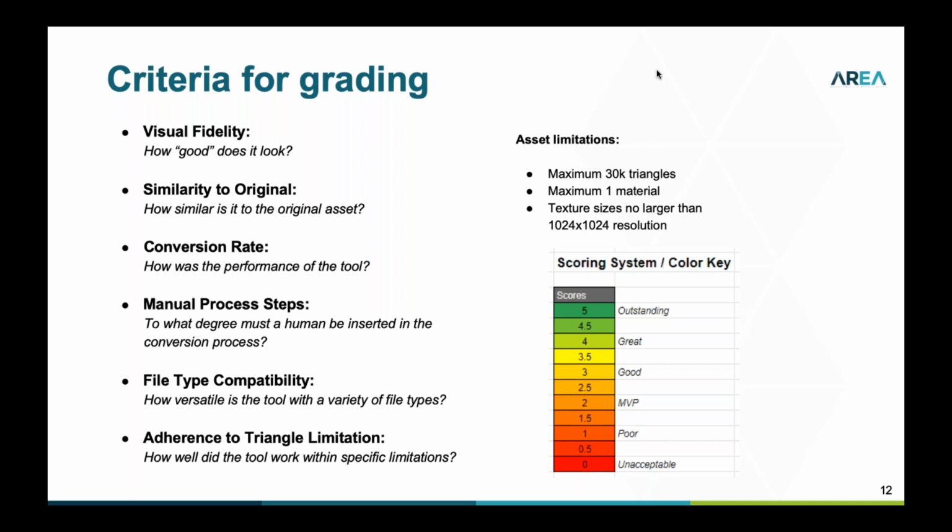Conversion rate was measured in polygons converted per second. So what I did there is when I had the model loaded into whatever toolchain, I would analyze what the resulting polygon count for that model was. If it was already a polygon model, that's pretty straightforward, just take the count. But if it was a CAD model, it would first need to be tessellated down into polygons, and then I would record that. And then however long the tool took to process the mesh would be what I would divide by.